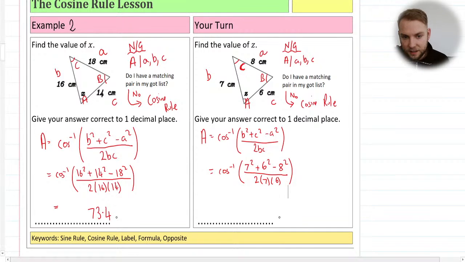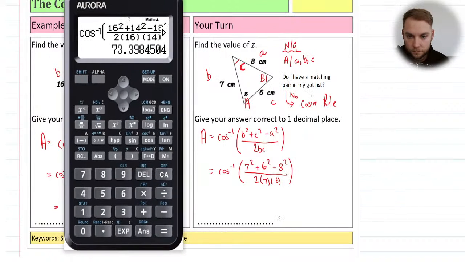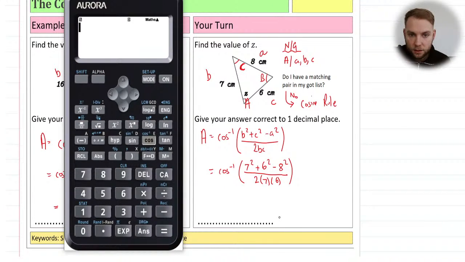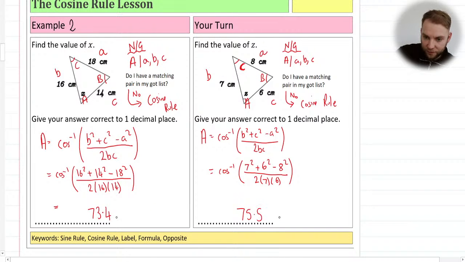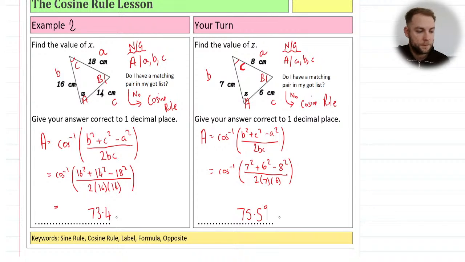Type that into my calculator. Shift cos to the minus 1 of the fraction button, 7 squared plus 6 squared minus 8 squared all over 2 times 7 times 6. Close that bracket, press equals. I end up with 75.5 degrees there, like so. Brilliant. All right.